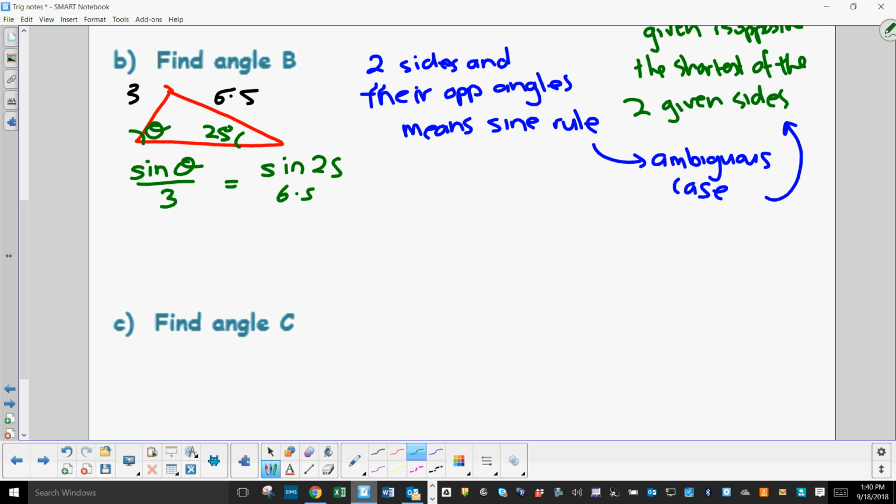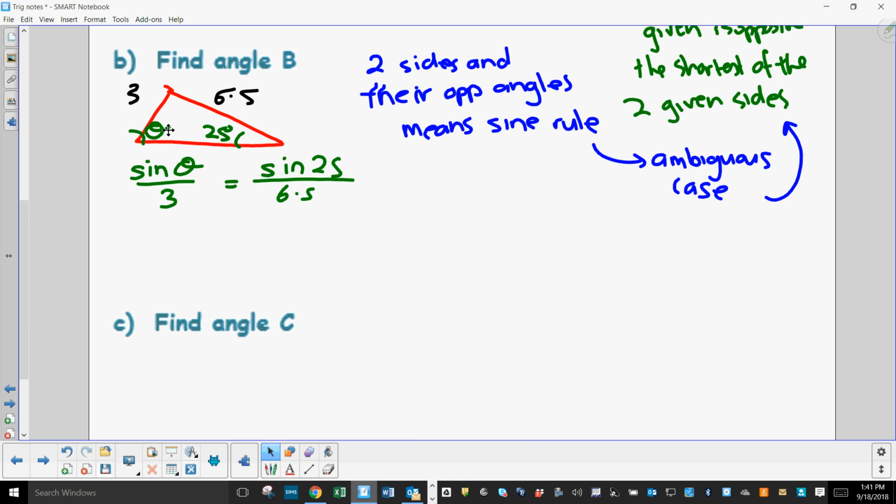Can you see my mistake? Good, yeah, so sometimes that can happen. So you're right, the angle has to be opposite its side. So sine theta should be over 6.5, and sine 25 should be over 3.